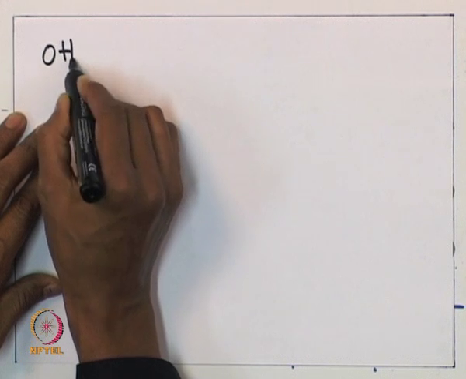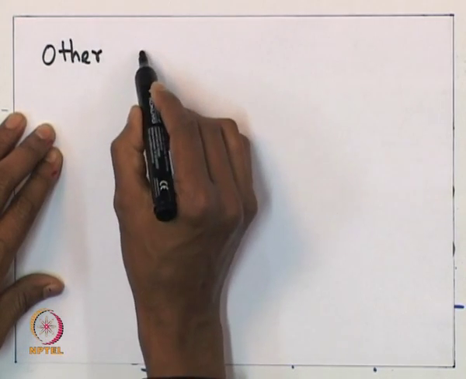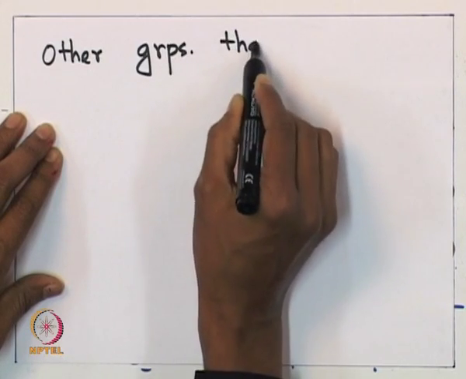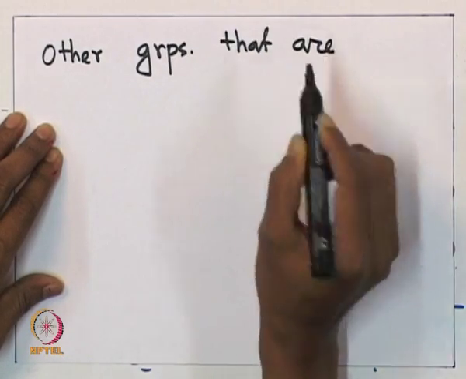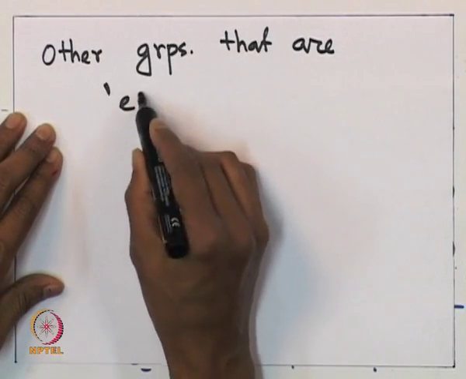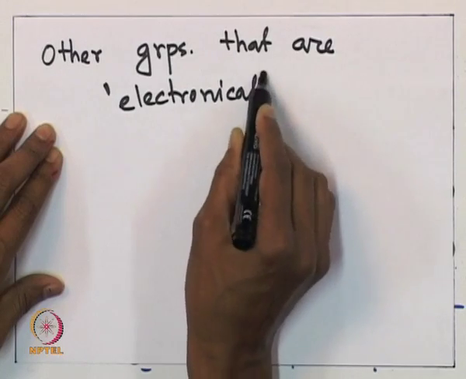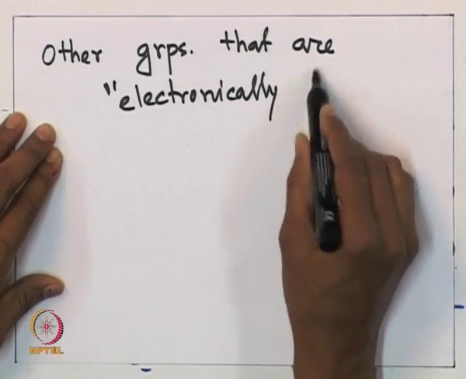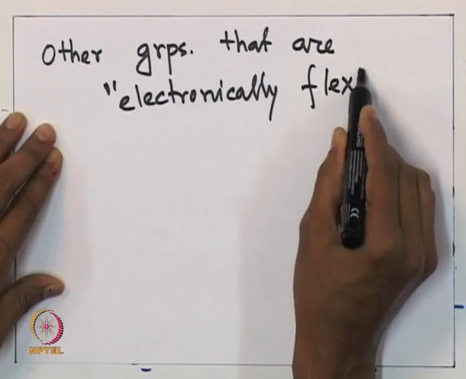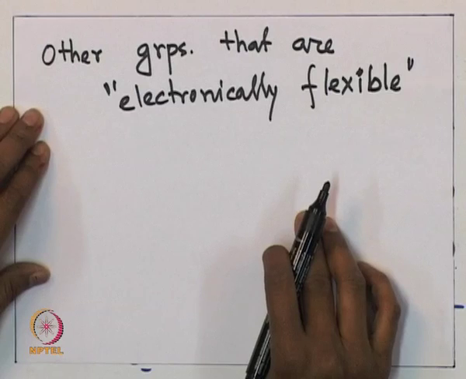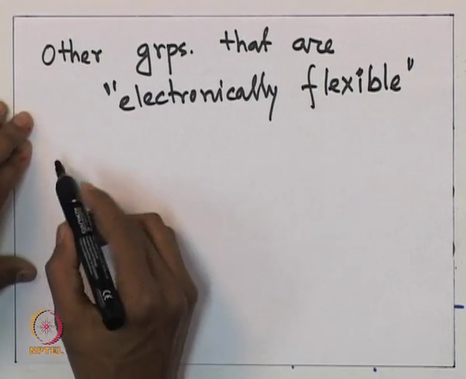Let us discuss briefly other groups that are electronically flexible. What we have seen, cyclopentadienyl is electronically flexible. Are there other examples?